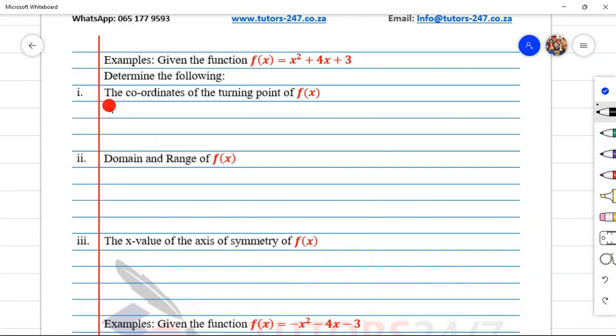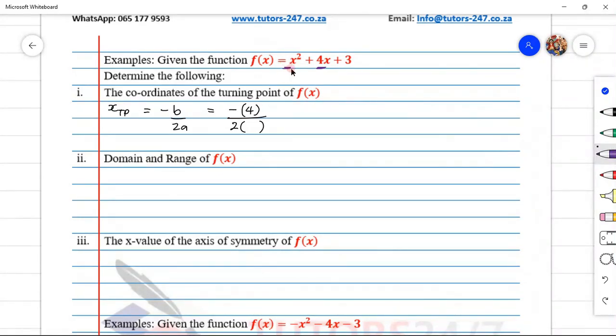So we know our turning point formula is x of tp equals negative b over 2a. From here, we know that our value of b is the coefficient of x, which is 4. So carry the negative, substitute 4 over, carry the 2 and substitute our value of a.